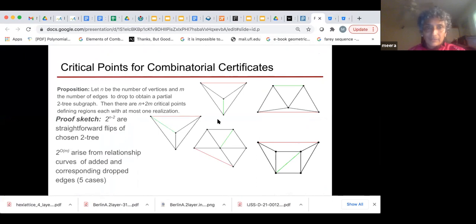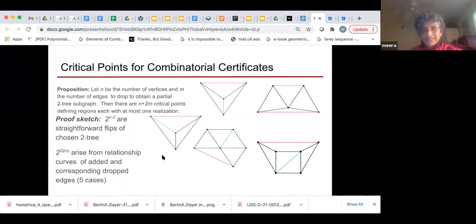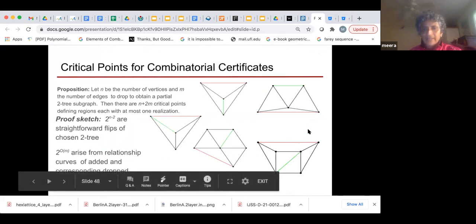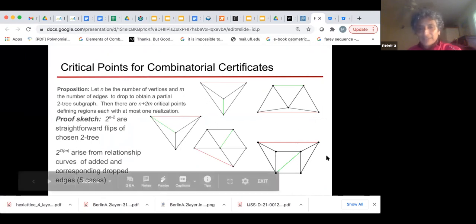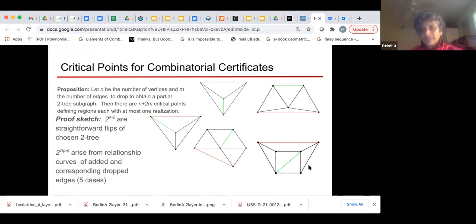So now we use critical points to get the combinatorial certificates, and it turns out to be particularly easy because there are not that many different systems that you solve at any given time. There are only a small number of such systems. They look this way because these are planar graphs, and we have two trees underlying them.